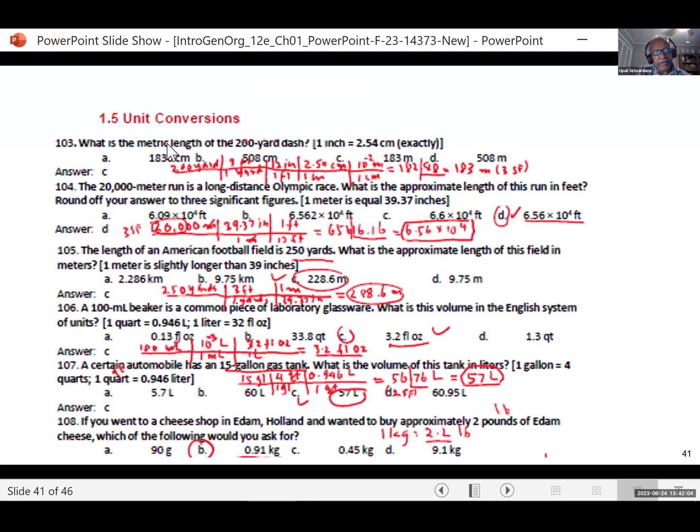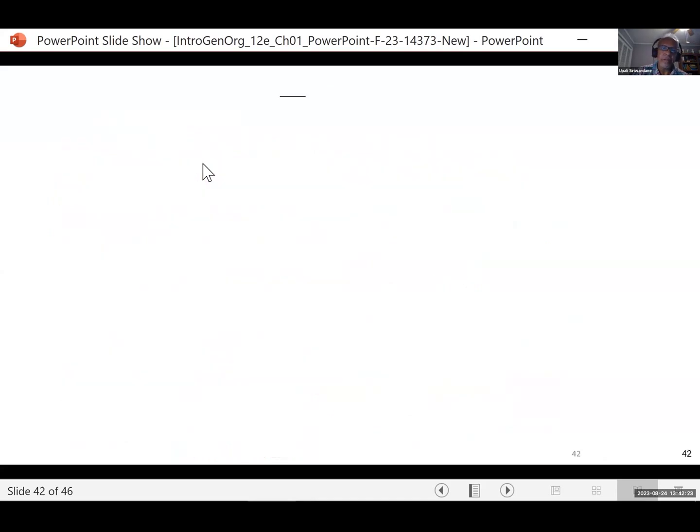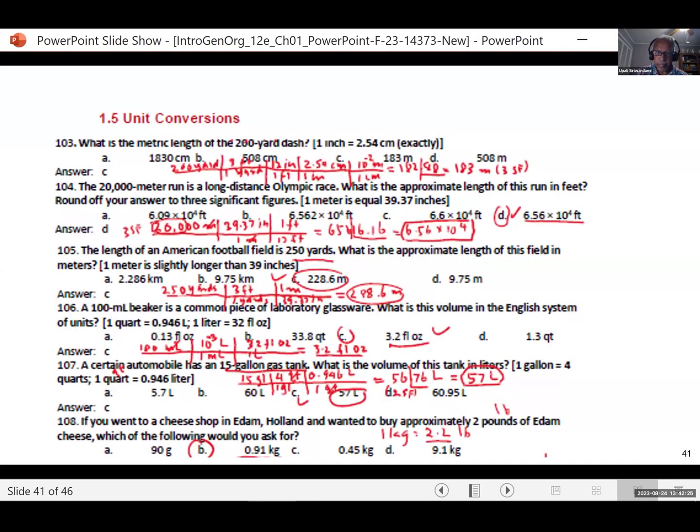What is the metric length of a 200-yard dash? Metric length is meters. So how do you convert 200 yards to meters? You start with 200 yards. 200 yards convert to feet. Feet converted to inches. Inches converted to centimeters.